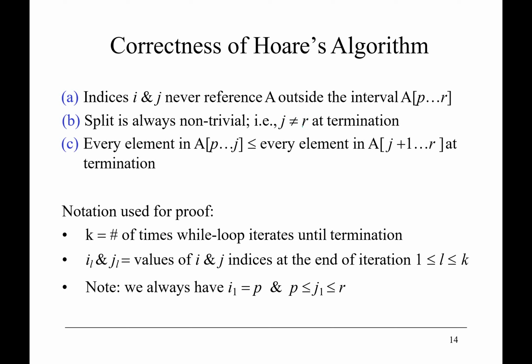If j equals r, in that case, what happened? It means the element at r's position should be equal to the pivot, or smaller than the pivot, right? It's the only case. And in the final termination, if that were allowed, then i would have to be increased to the last element.